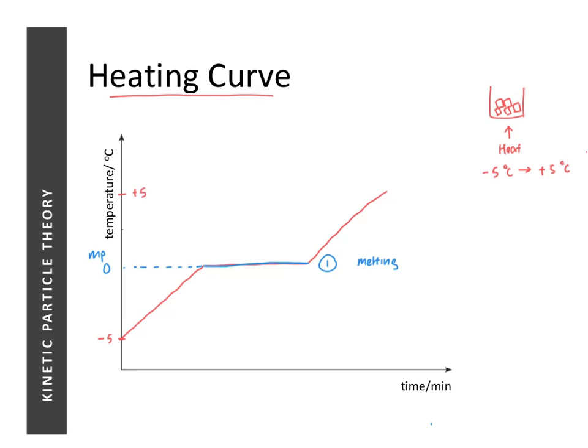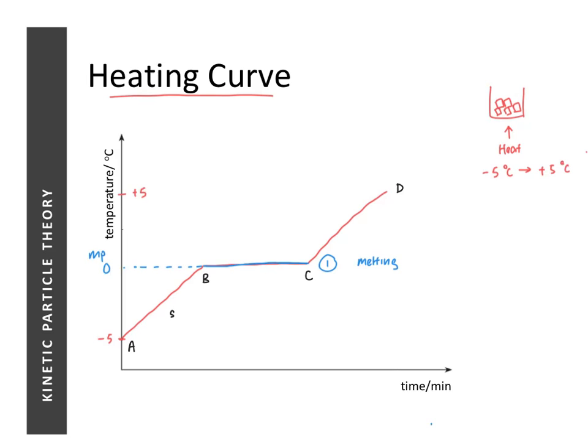The second important thing that we need to take note about a heating curve is the state in which the matter exists in for the different parts of the heating curve. For example, from A to B, from B to C, and from C to D. What state is the substance found in? If we examine the scenario, we are heating ice from -5 to +5. So A to B, ice is actually in solid state.